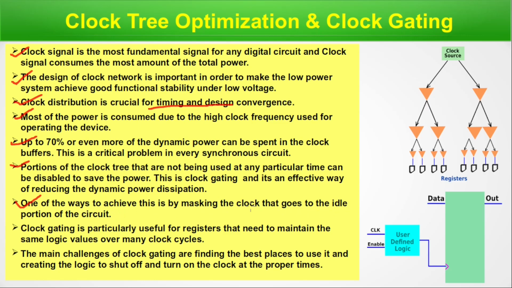Clock gating is particularly used for registers that need to maintain the same logic values over many clock cycles. The main challenges of clock gating are finding the best places to use it and creating the logic to shut off and turn on the clock at the proper time. There should be a logic to shut off the clock and turn on the clock at the appropriate time.